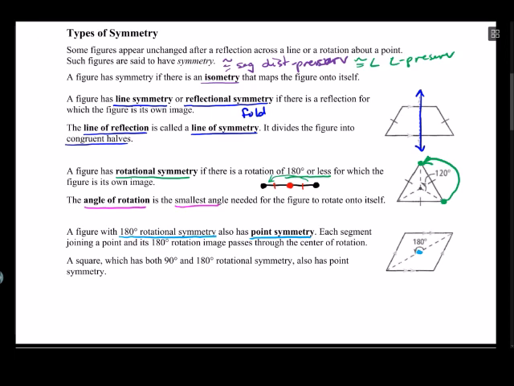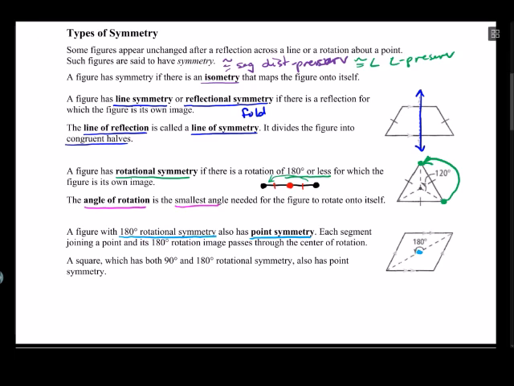For our parallelogram here, we can rotate 180 degrees and it will lay on top of itself again. It's mapped back to itself. So this has rotational symmetry of 180 degrees. So this has point symmetry.